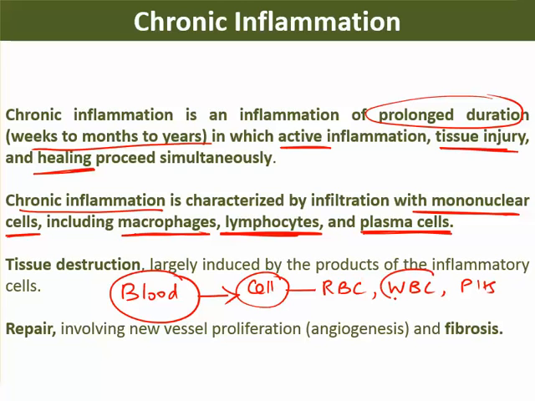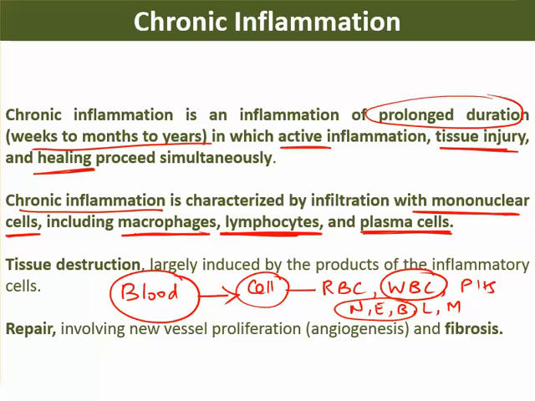In the WBC you all know there are five types: neutrophil, eosinophil, basophil, lymphocyte, monocyte. Actually, lymphocyte and monocyte are involved in chronic inflammation. Neutrophil, eosinophil and basophil are mainly involved in acute inflammation.